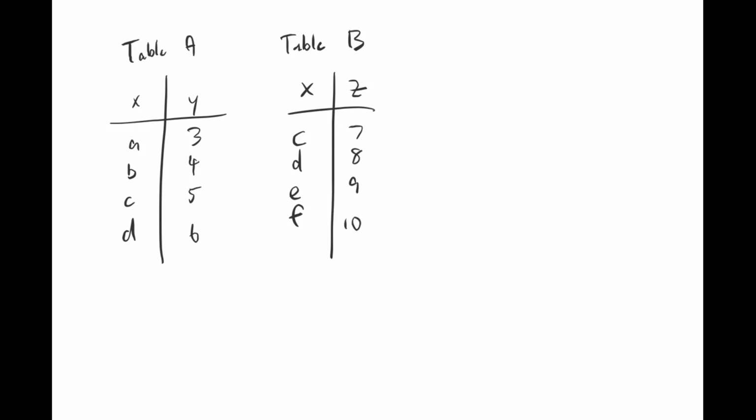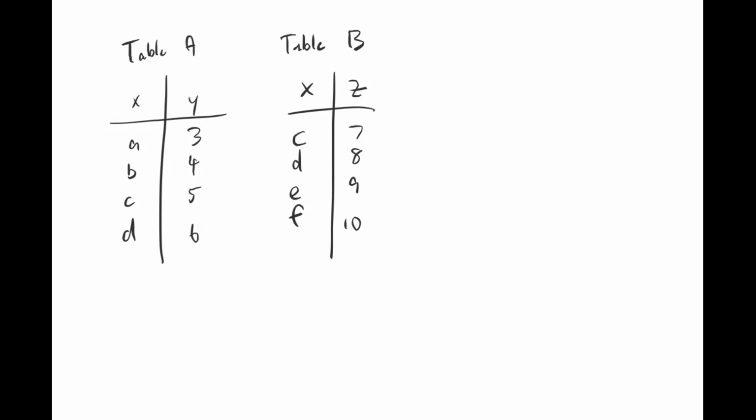I have this common column between the two called X, which I can use as the criteria for merging these two tables together. And you can merge them in a couple different ways.